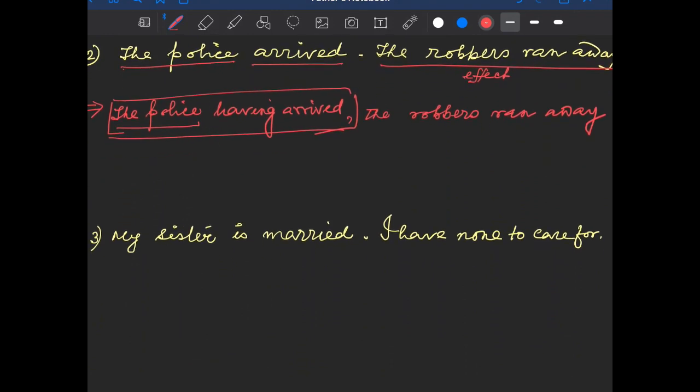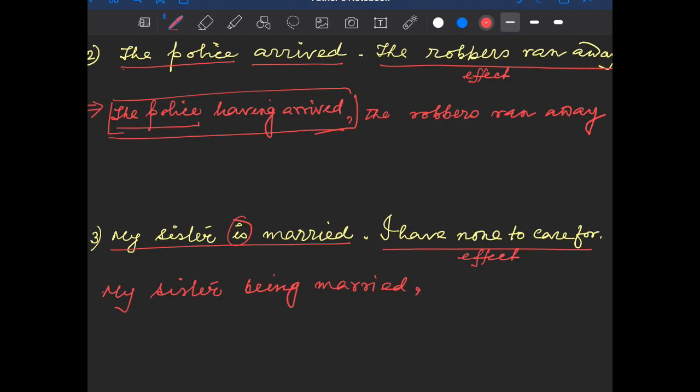Number 3, see, my sister is married, I have none to care for. This is the effect, so we will keep it, and this is the cause, so we will make it absolute. How? Be verb is there. So being, my sister being married.